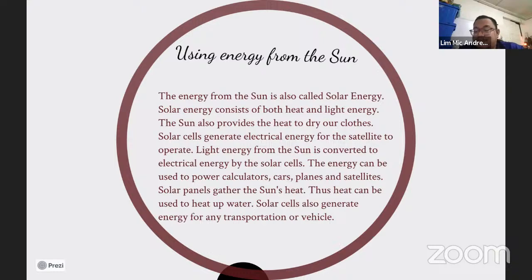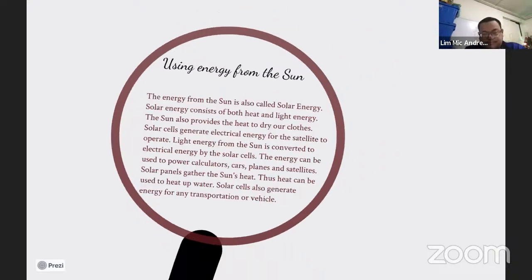Or we even use the light from the sun to power calculators, cars, planes. All right. And you use it to heat up water as well. So the energy from the sun not only gives the plants food, but also helps us to heat and dry our clothes and do other things.